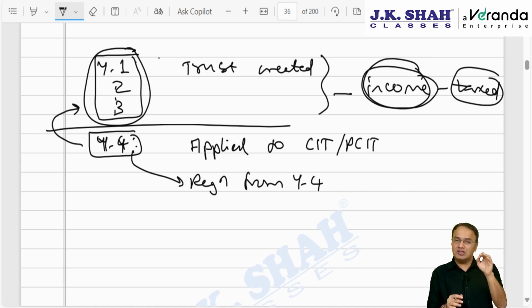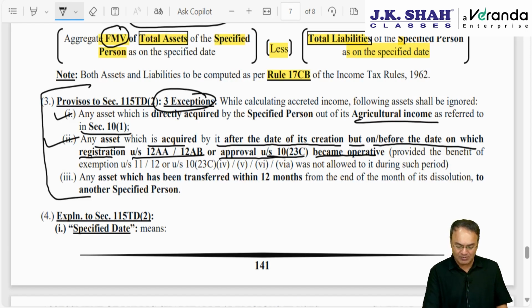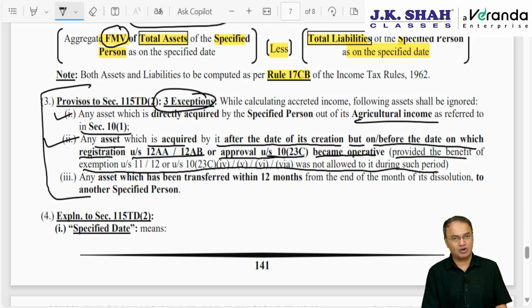Possible. Now no more possible. Once upon a time it was possible. How was it possible? When was it possible? We will not get deeper into it because that provision was deleted 3 years back. It was a nonsense concept, deleted 3 years back, coming back. So the bracketed wordings can be deleted, provided the exemption benefit was not available, was not allowed during such period.